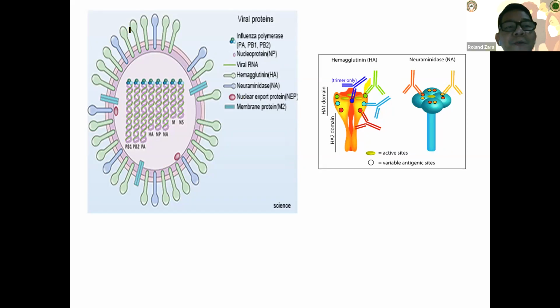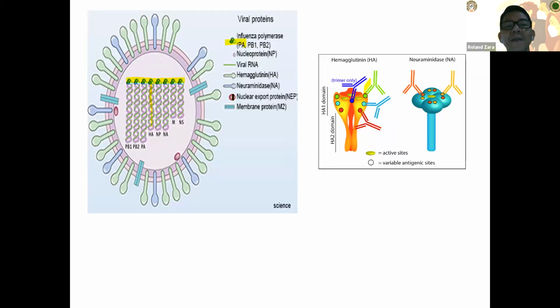So this is your hemagglutinin, and these are your neuraminidase. You see the structure here. These are your PA, PB1 and PB2, necessary for the transcription and translation of your viral RNA. So these are your viral RNA.